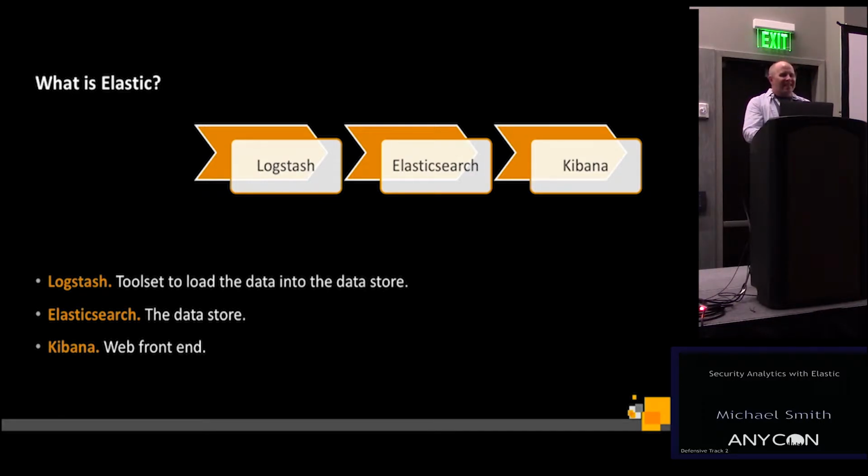The problem is that LEK is just not a very cool name, right? So we had to name it ELK because that's an animal. But really, you load the data, you have the data, you use a web front end to access the data. That's how the tool works. And most of you already knew.